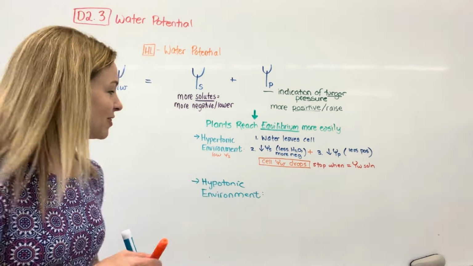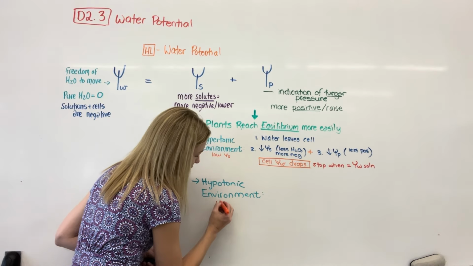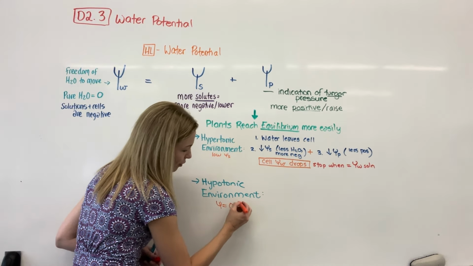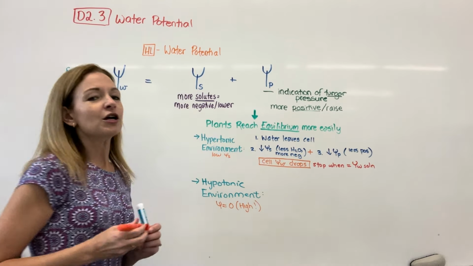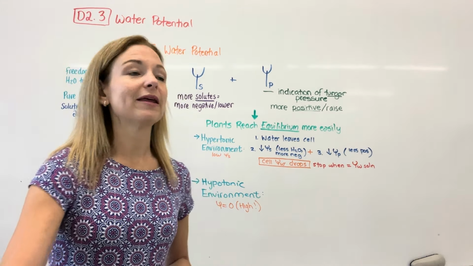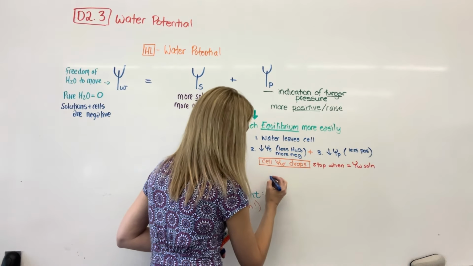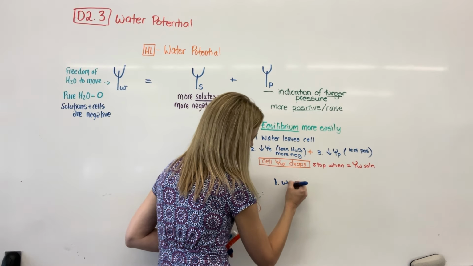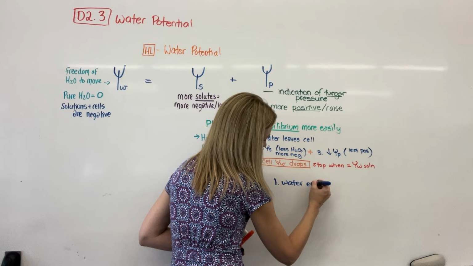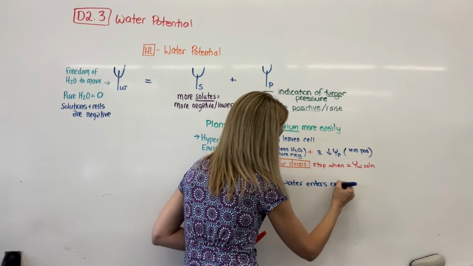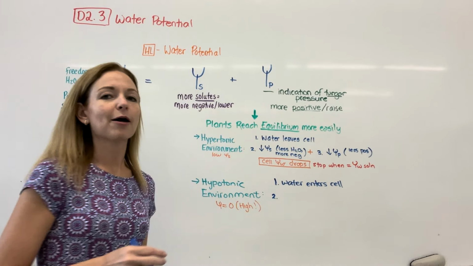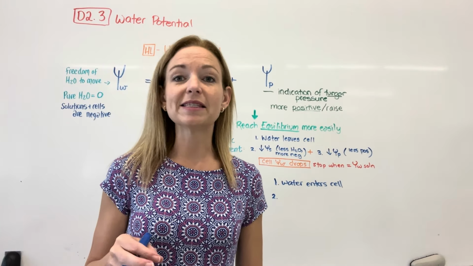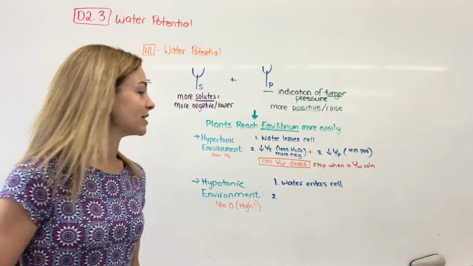So let's say hypothetically, this was pure water, so water potential equals 0, which, reminder, is the highest it can be. So as a result of the cell being in that environment, water is going to enter the cell. And again, that's going to impact two different things. So first thing that's going to happen is as water enters the cell, it is going to get more dilute.